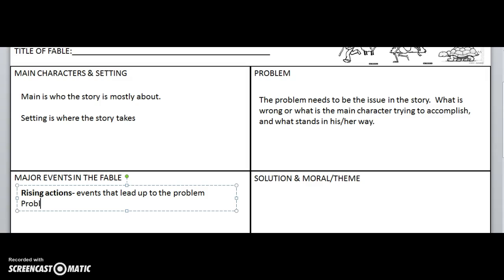Then we're going to add the problem. And then we're going to add the falling actions, or the steps the main character takes to solve the problem.